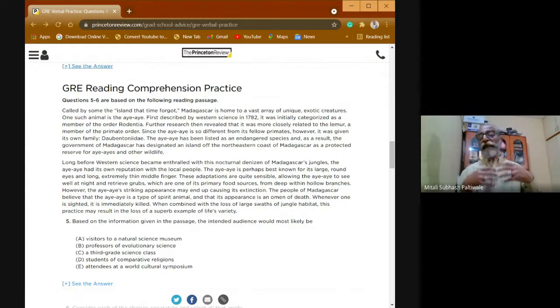Western science means the Western community going there and doing the research in the fields. Jungles means the woods of Madagascar. Before they could go, the animal had its own reputation, meaning it had its own identification that was told to it by the people of that particular land.